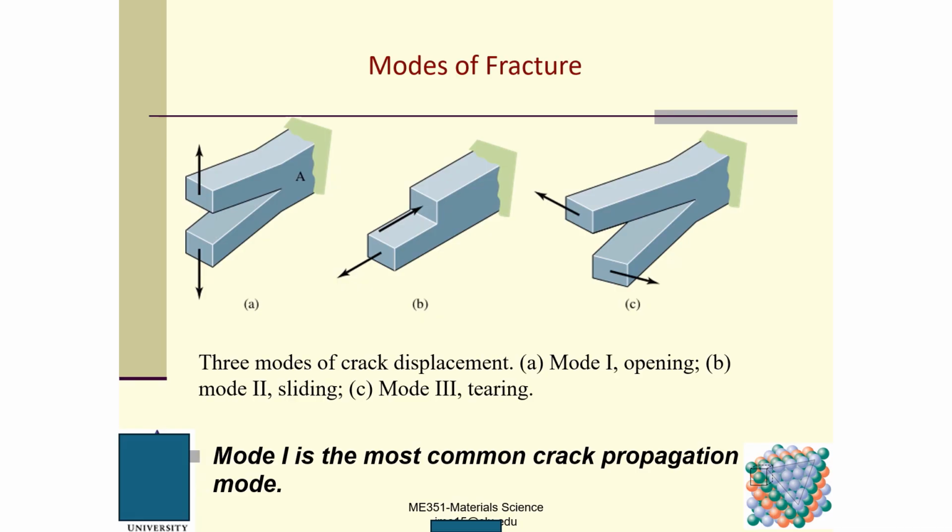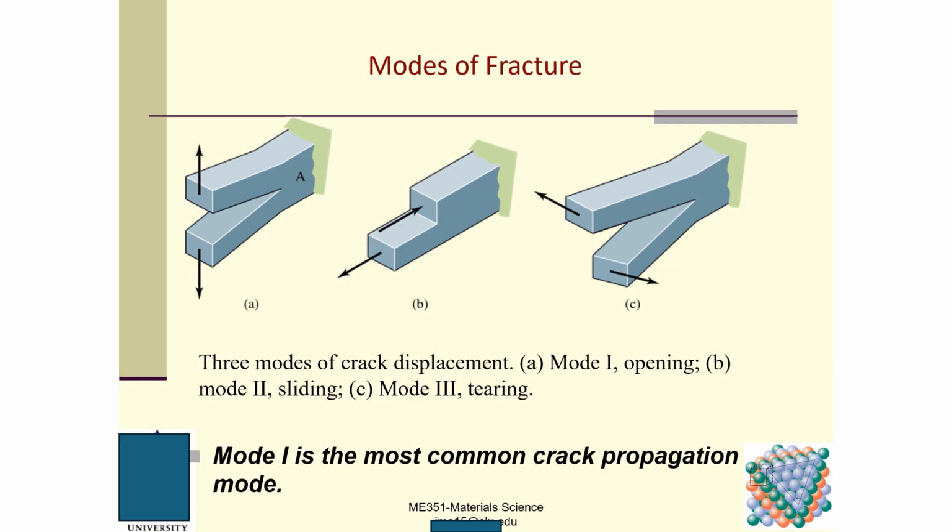And then we talk about the fracture. We can categorize the phenomena of the fracture into three modes. One is the commonly seen mode, called opening mode. We call this opening, so the crack opens. And the second one is shear mode, mode two, and they call it shear or sliding.